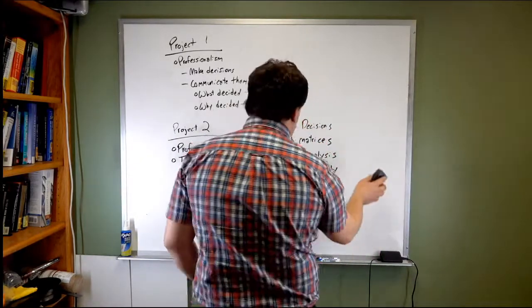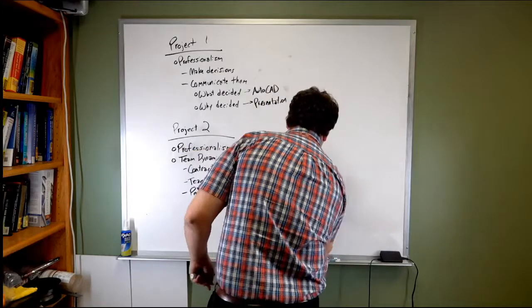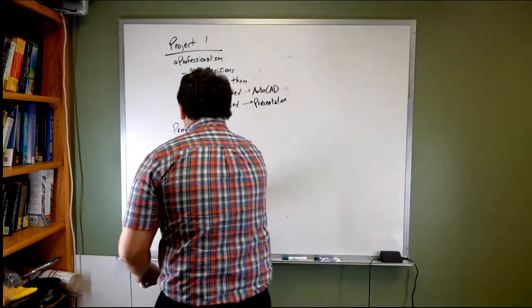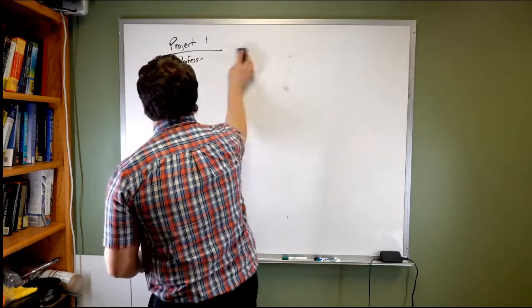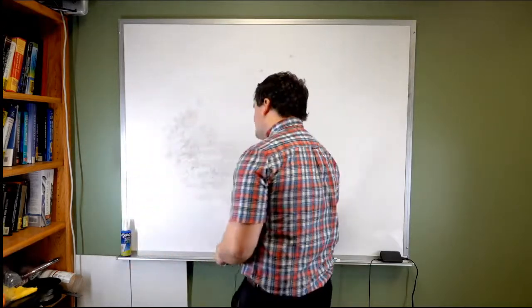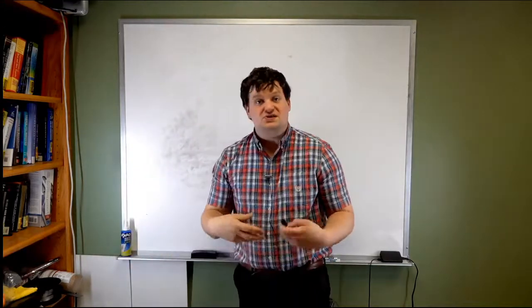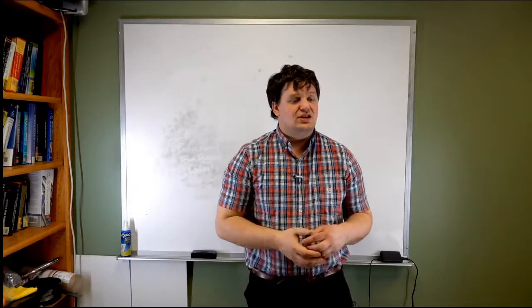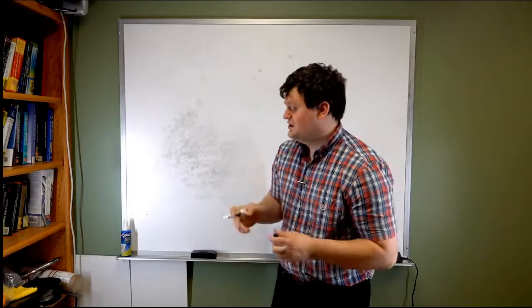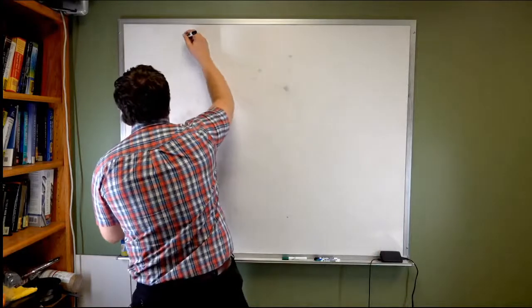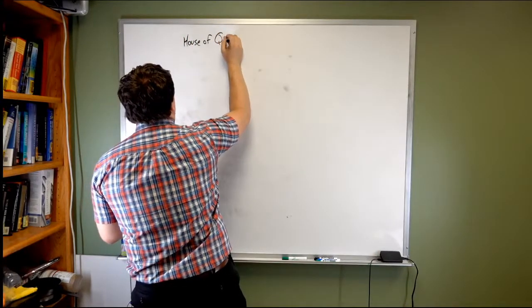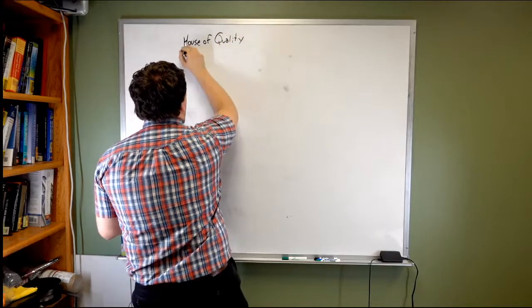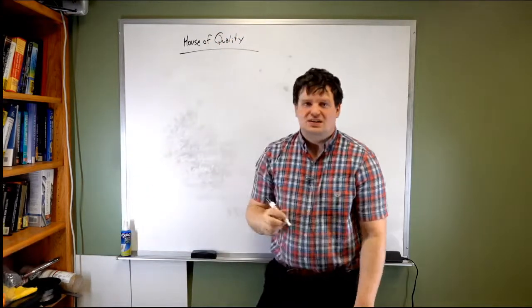On the other side of this, let's talk about the house of quality. I put house of quality under your engineering design decisions because a lot of these tools are meant to assist you when you make decisions in your engineering design process. I believe the house of quality was originally developed in the 1970s.